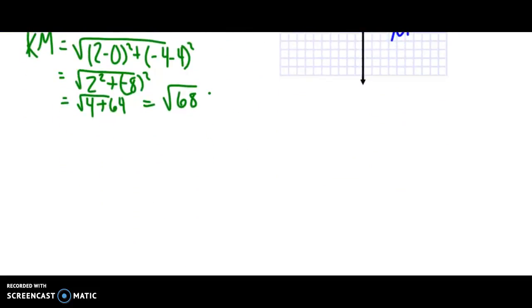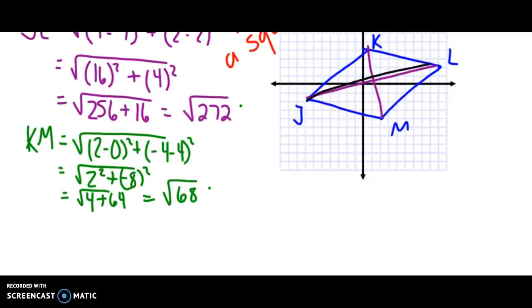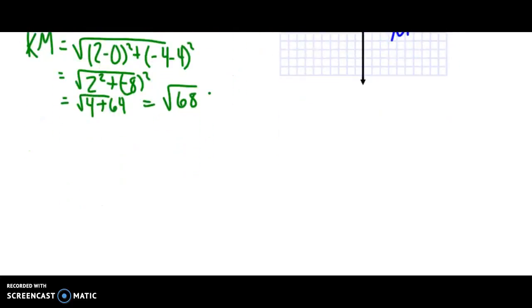Alright. So they're not a square, but that's okay. What we can check next to see is if it's a rhombus. And the way we see it's a rhombus is we're going to check the slopes of my two diagonals, because remember, a rhombus has perpendicular diagonals.